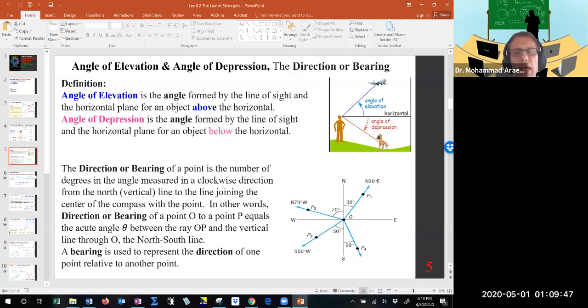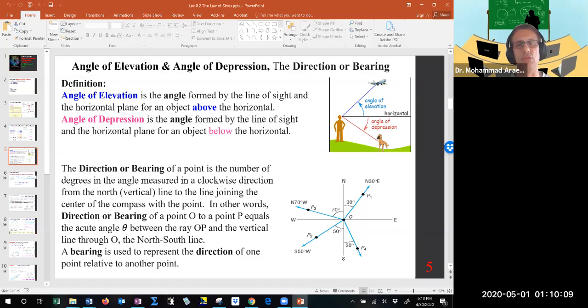In the first, you really have north and then an angle, end of the story. However, the way we've looked at it in this case, we are interested in a slightly different approach, a direction or bearing. The way we look at it, we look at the closest angle to the north or the south.